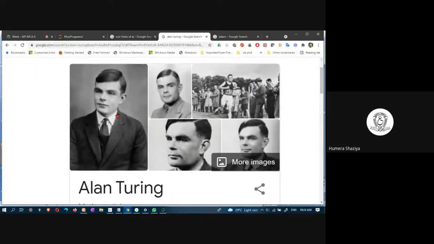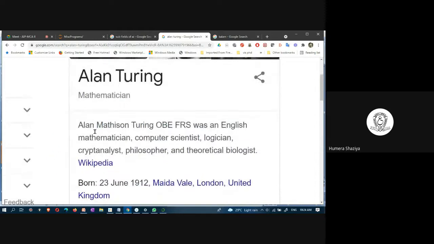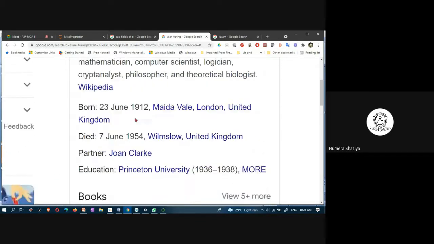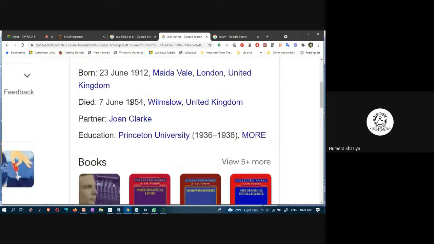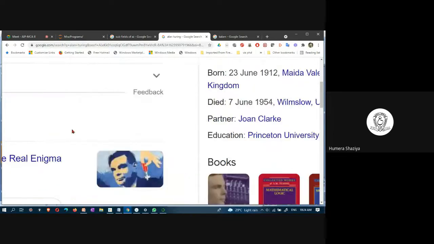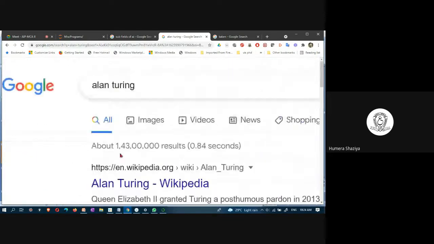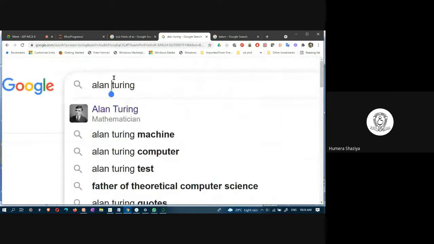Look at his image. Alan Turing is known as the father of AI. He is a mathematician, computer scientist, logician, philosopher, cryptanalyst, and so on. He was born in 1912 and died in 1954. And in 1950, he proposed the Turing test.